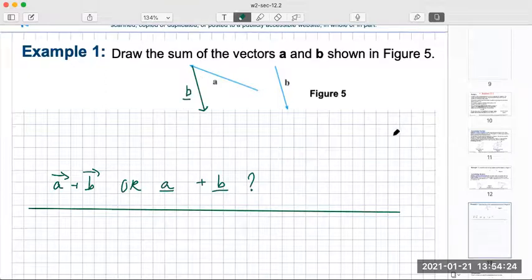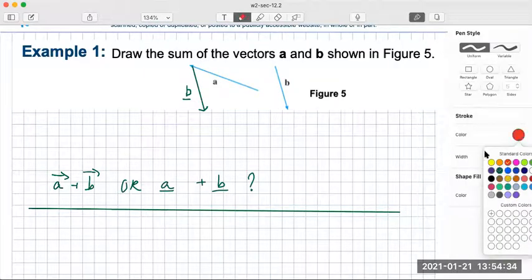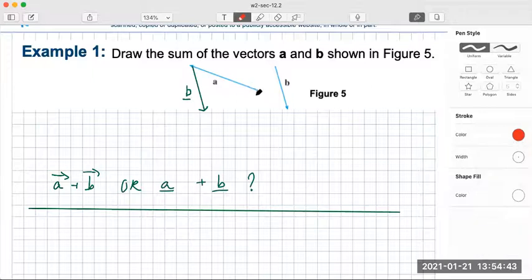This way, the triangle law tells us the sum of A plus B according to this figure. A plus B will connect from the initial point of vector A to the terminal point of vector B, so it would be like this.